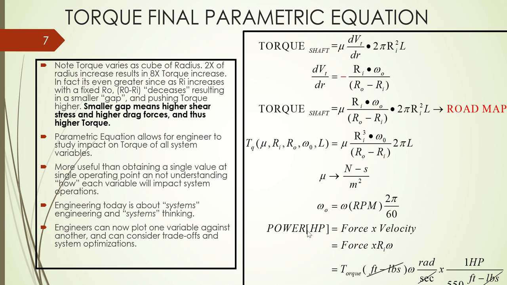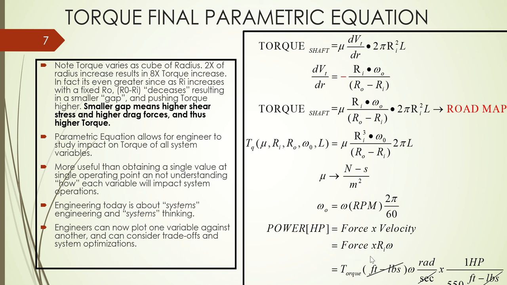And we also know that the power it takes to turn that shaft is always equal to the force times velocity, which of course is the force times R_i omega. R omega is my tangential velocity.